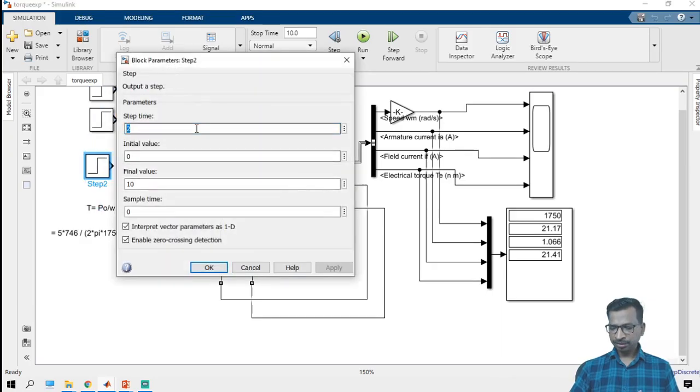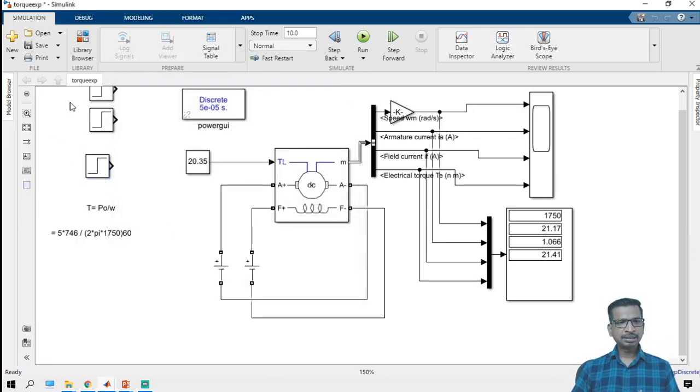But at the third second, the 20. Just add these 3 values and connect to the motor, then we can check the responses of the motor.